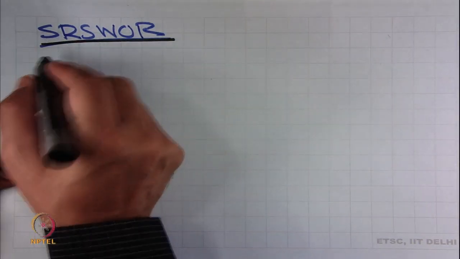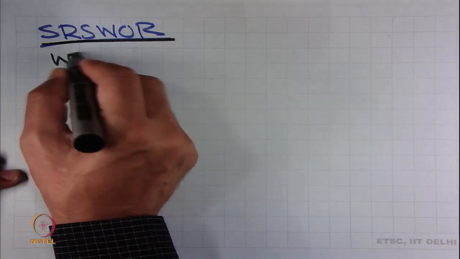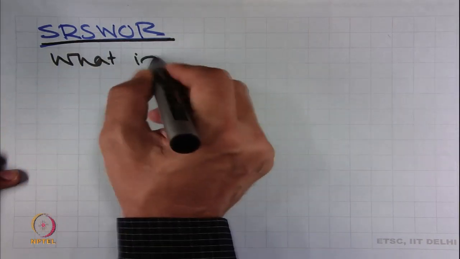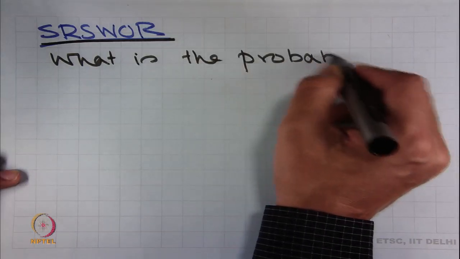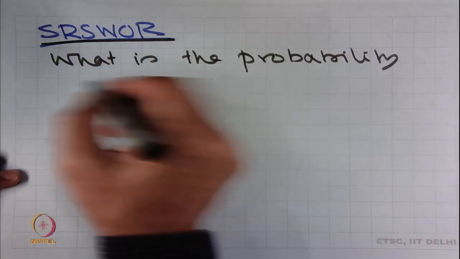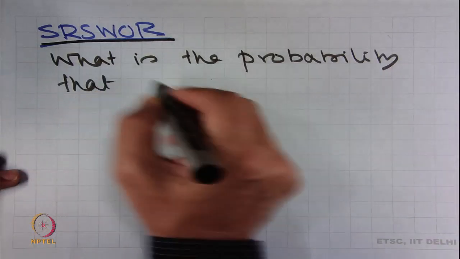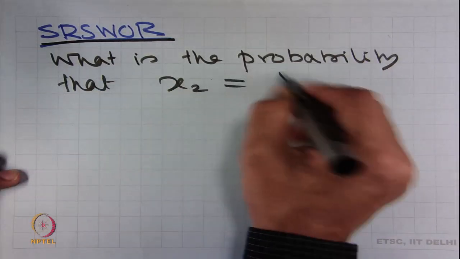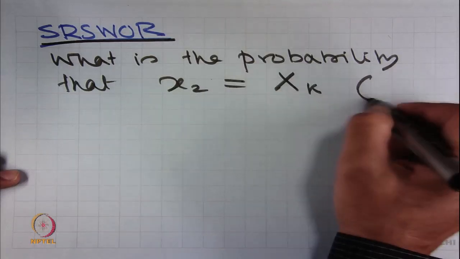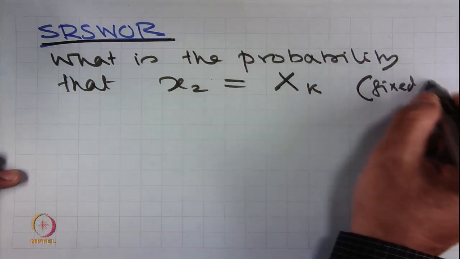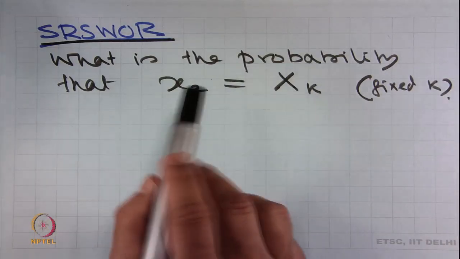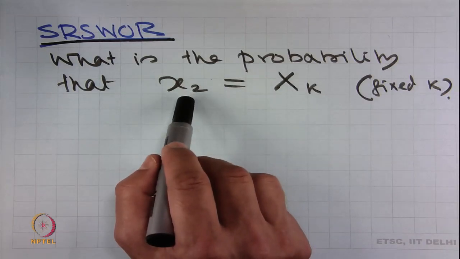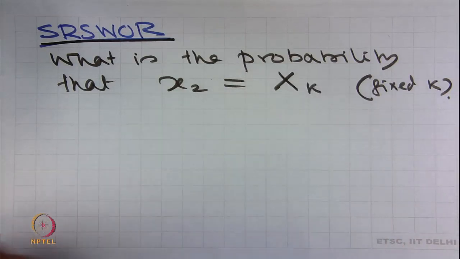Let us look at the probability that X2 is equal to xk, for fixed k. Say, what is the probability that the second unit taken as a sample is actually the kth member of the population?